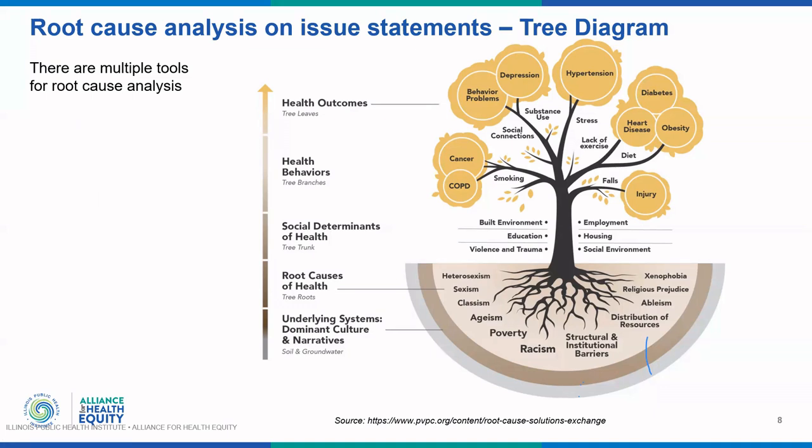What we typically do is we'll put a flip chart at the front of a room with a tree with the roots and the trunk and the branches and leaves on it. And then we work through this process with folks. We say, what did you see out of the data? The CHNA data, we usually give a quick overview presentation of the CHNA data.